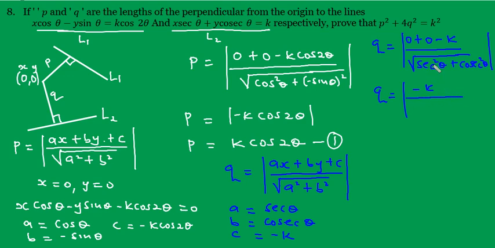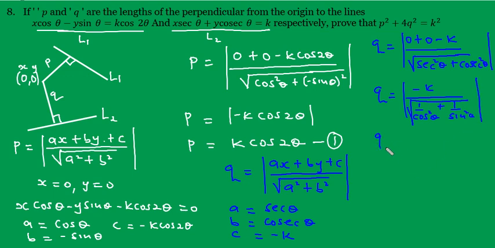Then down here, sec is the same as 1 over cos, so I'll get 1 over cos squared theta plus 1 over cosec is 1 over sin squared theta, everything under the root.